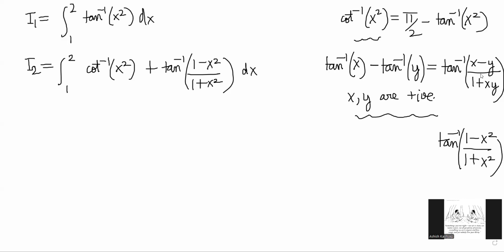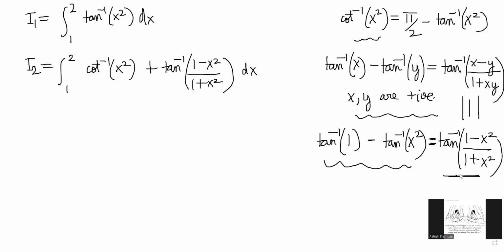So I can clearly see that if you take x as 1 and y as x square, x minus y is 1 minus x square and 1 plus xy is 1 plus x square. So this fits this pattern. So we can say that tan inverse 1 minus tan inverse x square, since both 1 and x square are positive, will fit the formula of tan inverse of (1 minus x square) by (1 plus x square).